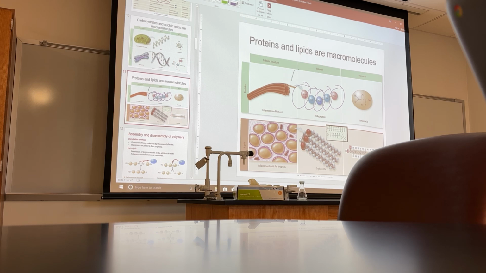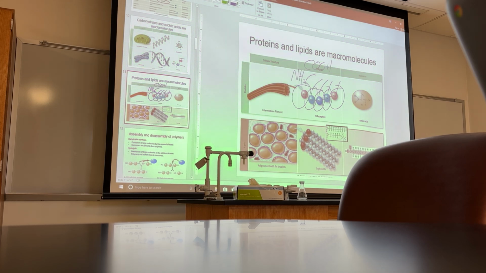It's got the amino group, NH2, and the carboxy group to make it an acid, amino acid. So each one of these is added together via dehydration, taking water away. You take water away, H2O, to link each one of these together.